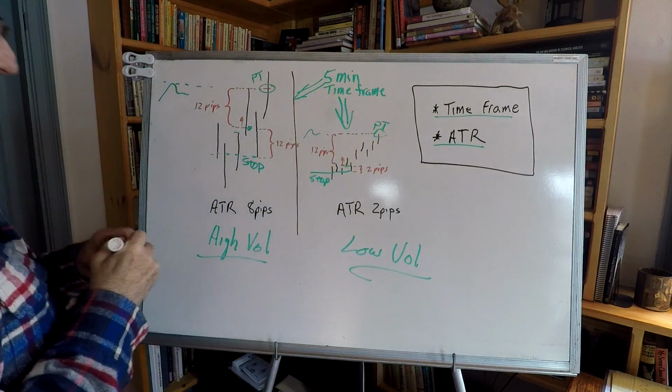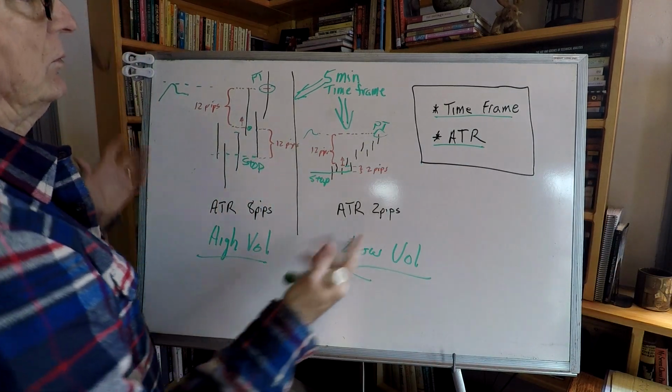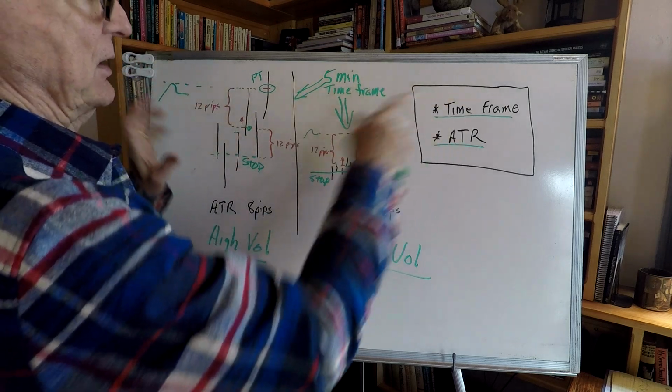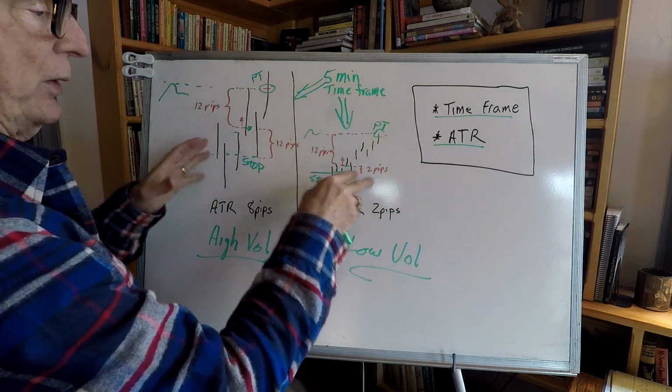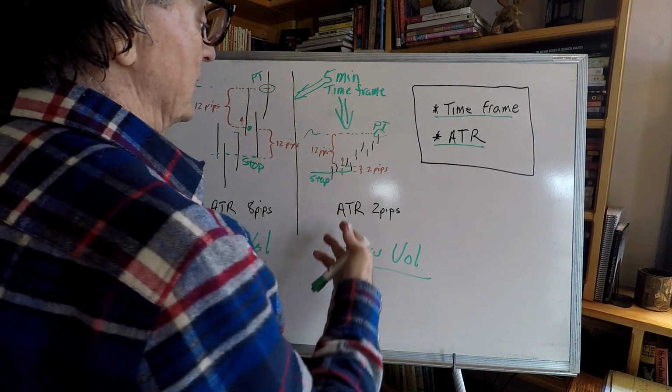Both of those are 5 minute time frames. So you got to compare apples and apples. Well, you're comparing apples and apples as far as the 5 minute time frame, but it's certainly different from the standpoint of the ATR at this particular moment in time that we're looking at the positions.